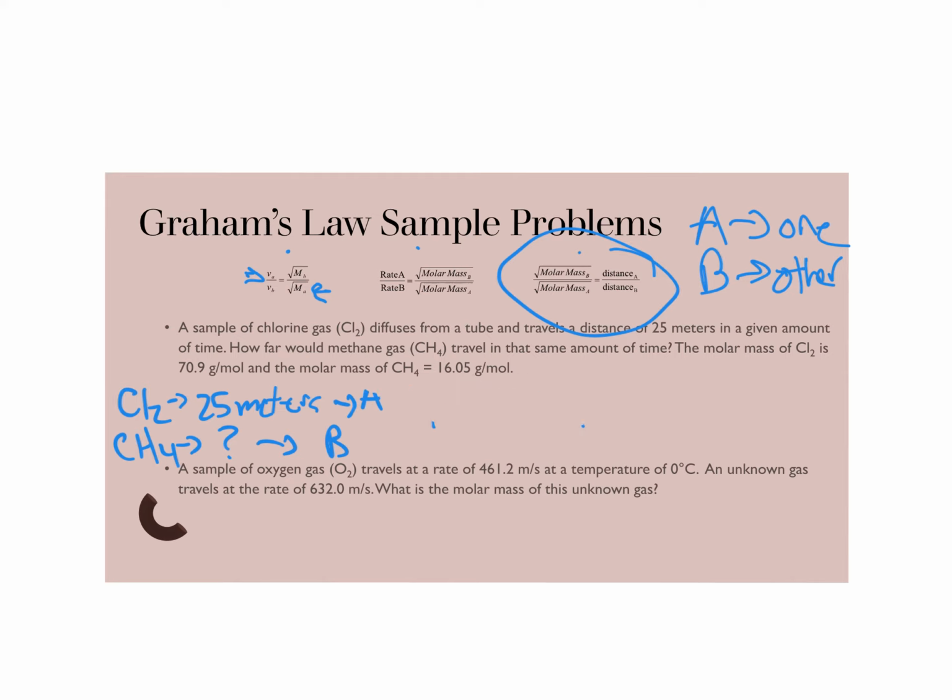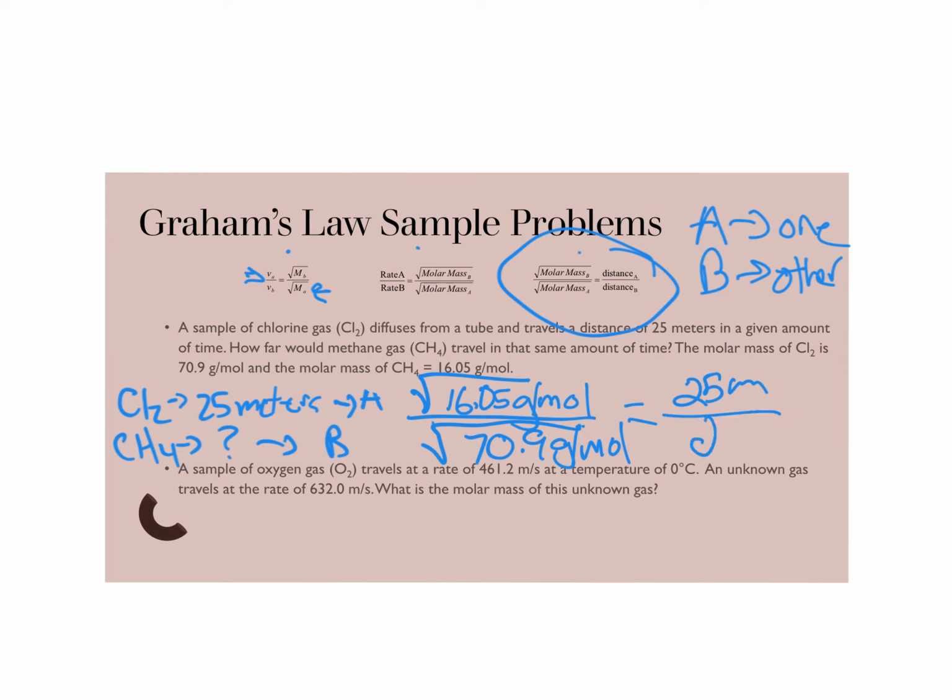Let me write that a little bit nicer: the square root of 16.05 grams per mole over the square root of 70.9 grams per mole equals, now we have the distance A, and we said A is chlorine, so chlorine traveled 25 meters, and you're looking for your distance B. Now you can just use algebra to solve for that distance B. After doing that algebra, you get the answer of 52.55 meters for the distance that B is going to travel.